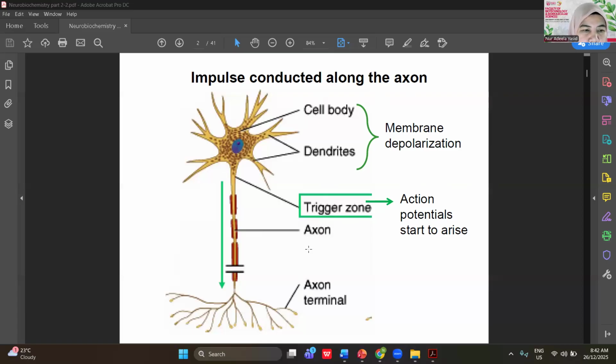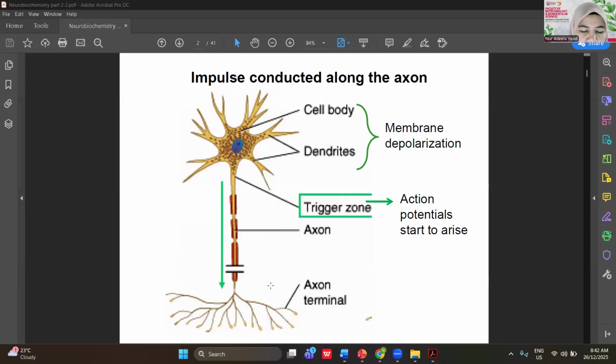The action potential propagates along the axon, traveling as a wave of depolarization. This propagation is facilitated by the opening and closing of voltage-gated ion channels along the axon's membrane.